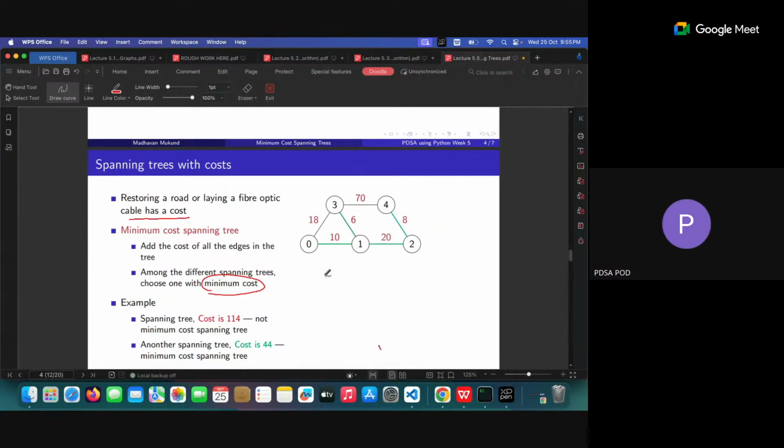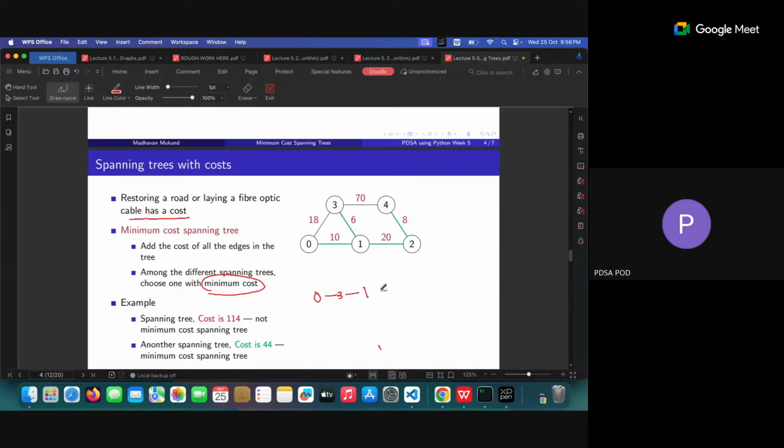Please look at where it is: 0 to 3, and then 3 to 1, I'm sorry, because you have to mention the vertices. 0 to 3, 3 to 1 is okay.